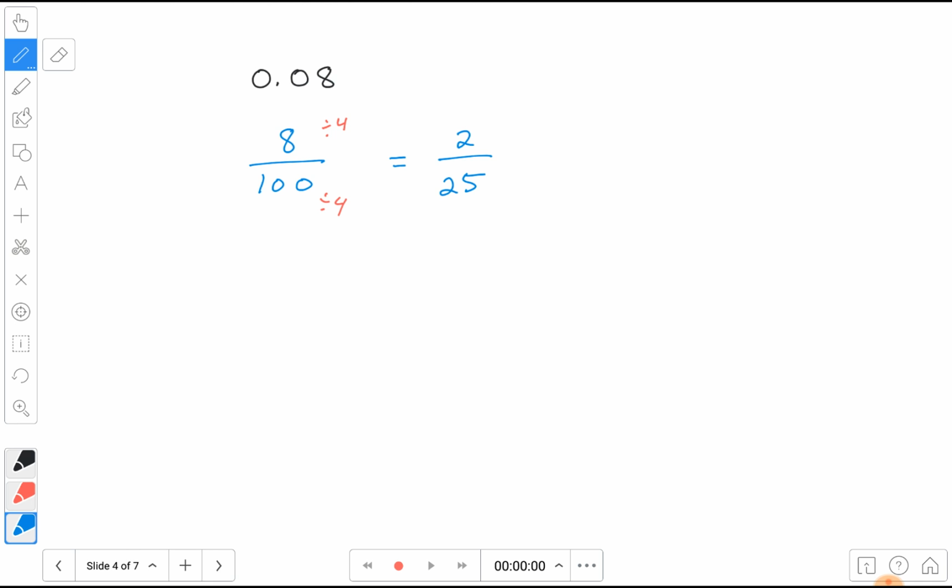So 0.08 is 2 over 25 as a fraction. 8 over 100 is also a score of 8 out of a test of 100 points. That is 8%.